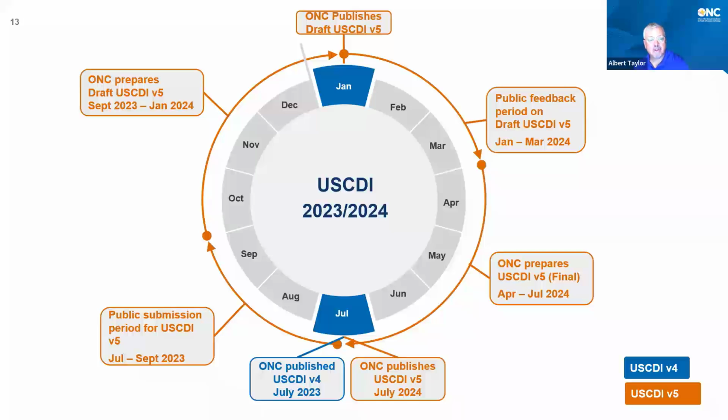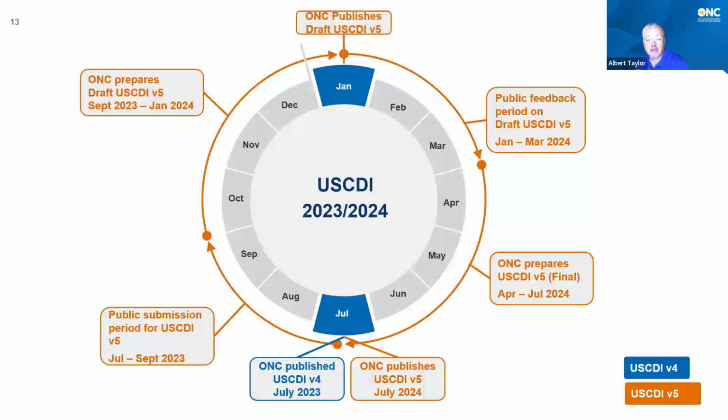Once we publish draft V5 in January, we are going to go through an approximately 3-month public comment and review cycle, including getting input from our HITAC committee, our advisory committee. We will digest all of those comments and feedback and then develop what ends up going into the final.